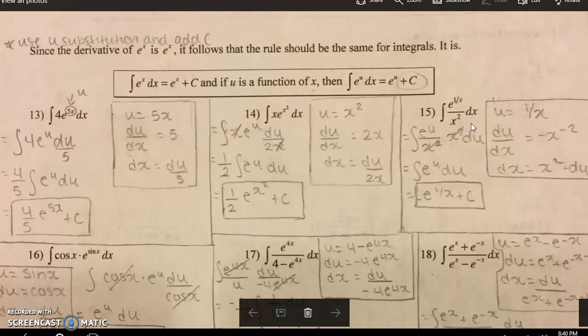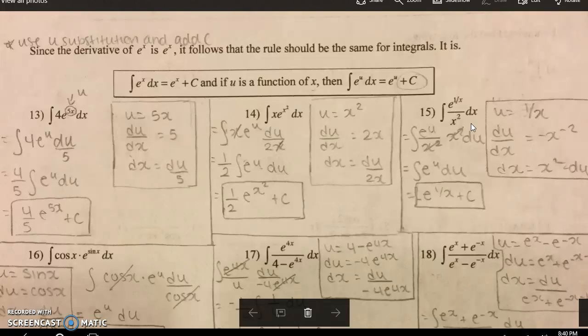And then we did the same thing for number 14. u equals the power that is over the e. So u equals x squared. The derivative of x squared is 2x. And then dx equals du over 2x. And so we just replace x squared with u. So we get the integral of x times e to the power of u times du over 2x.